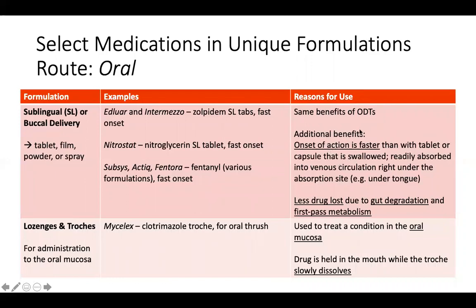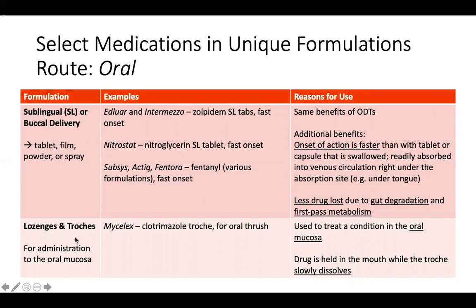Sublingual drugs get to the systemic circulation faster if they're under the tongue because of the blood supply right there, rather than being on top of the tongue. So I often like to tell my patients, if they're getting ondansetron, to put it under their tongue. And then less of the drug is lost due to gut degradation and first pass metabolism.